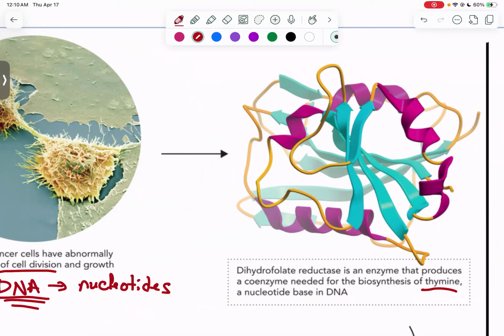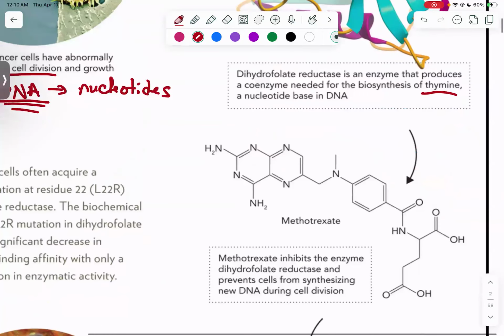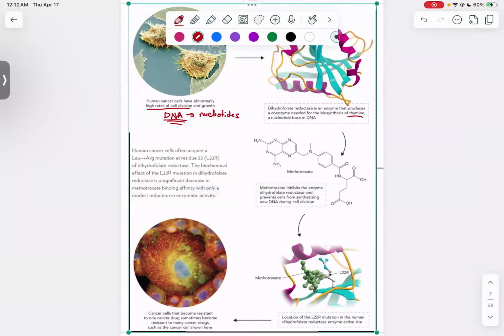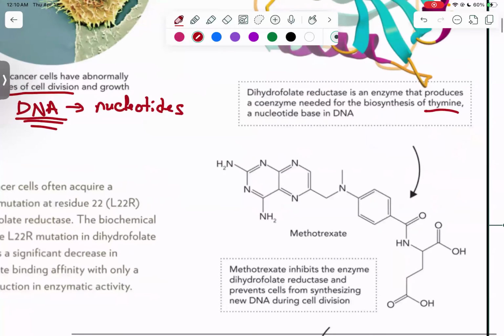If we can use our knowledge of how this enzyme is essential for the biosynthesis of our nucleotide, then we can capitalize on that. If we inhibit the thymine synthesis, we're going to block DNA synthesis, we're going to decrease rates of cell division, and so it'll work.